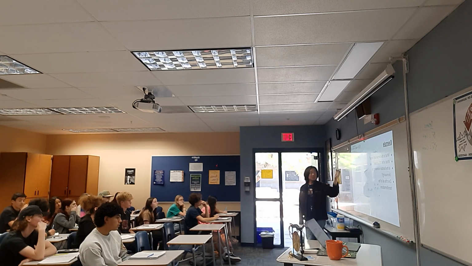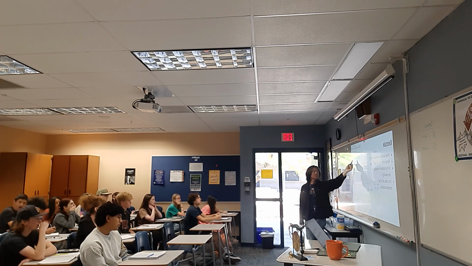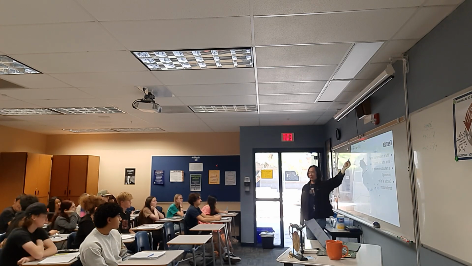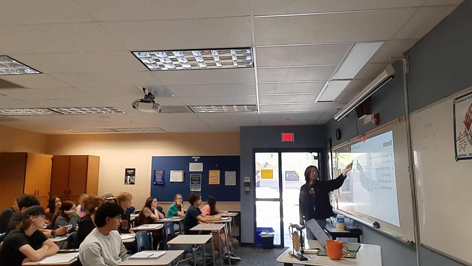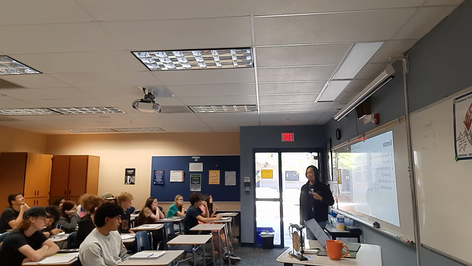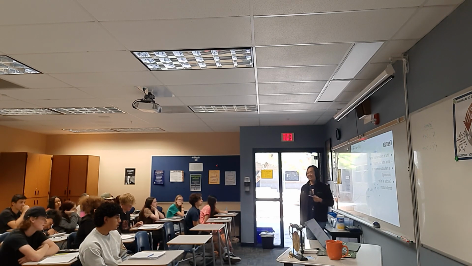Or you could write this in a slightly different way. I mean, it's correct, but how else can you write that? Very good. How else can we write this? Look carefully. I'm going to help her out. 9 minus x.